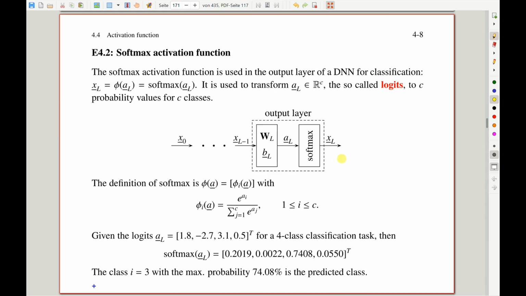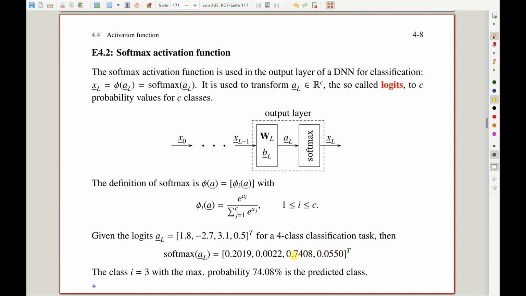Assume we have a 4-class problem, so we need 4 output neurons, and assume that the activation vector in the final output layer is given by these 4 numerical numbers, 1.28, and so on and so forth. And after the softmax activation function, we have the probability values: the input belongs to the first class with probability 20%, to the second class with 0.2%, to the third class with 74%, and to the final class with 5.5%.